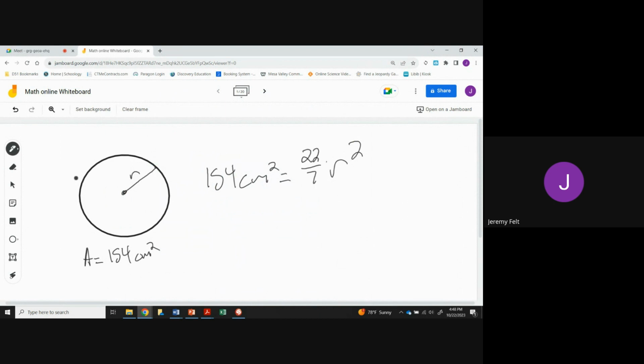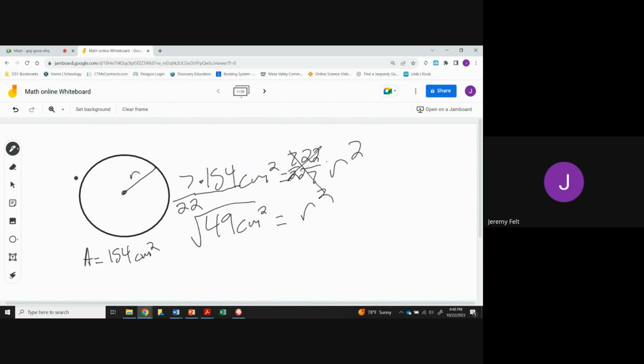Again, if I'm going to divide by this fraction, that's the same as multiplying by the reciprocal. And so 7 times 154 divided by 22 equals 49 square centimeters. Now that's r squared. We want to figure out what r is.